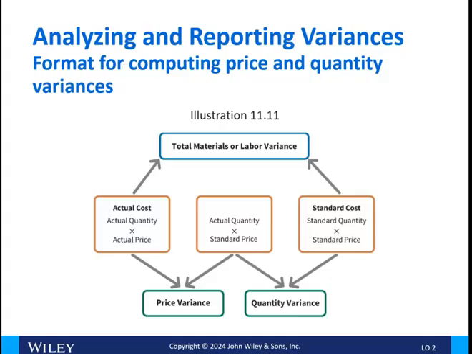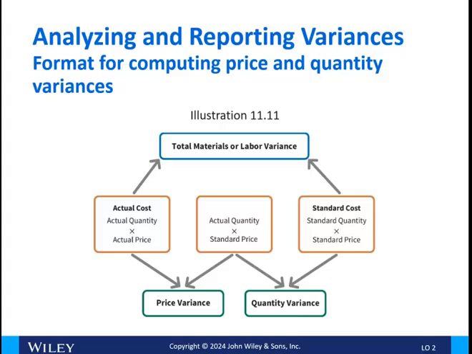We can break that down between a price variance and a quantity variance. So the price variance will take actual quantity at actual price, compare that to actual quantity at standard price, and that'll give us our price difference. And then if we take our actual quantity at standard price and compare that to our standard quantity at standard price, we get our quantity variance.